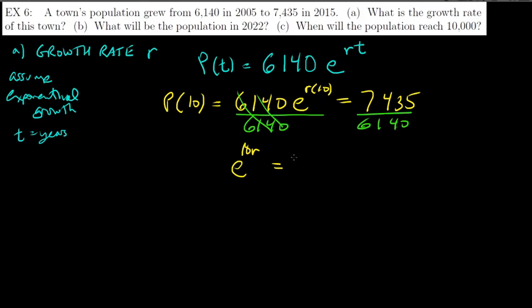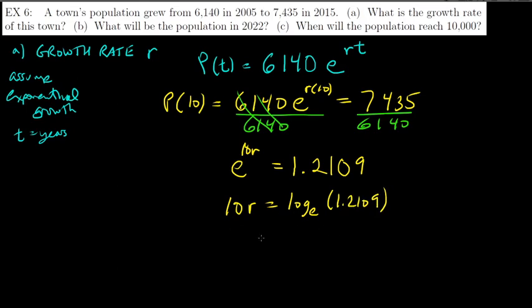All right, 1.21. I would do a little more than that. How about 1.2109? Obviously it's not that big a deal, but you don't want to round too far here. That's the key. So now convert to a logarithm. So 10 times r is going to be log base e, which is ln, of 1.2109.